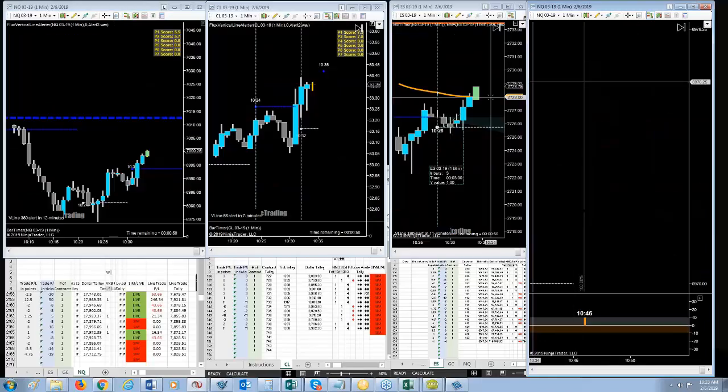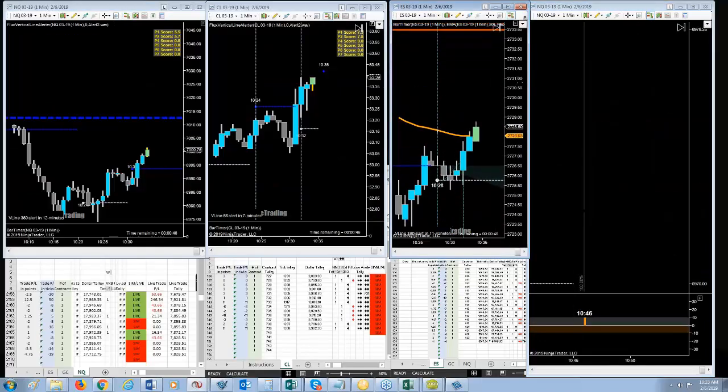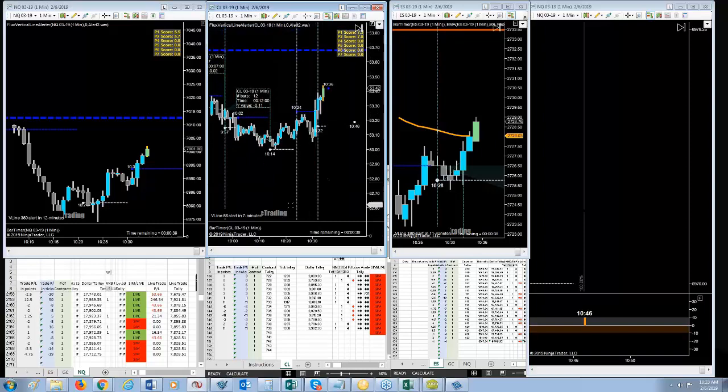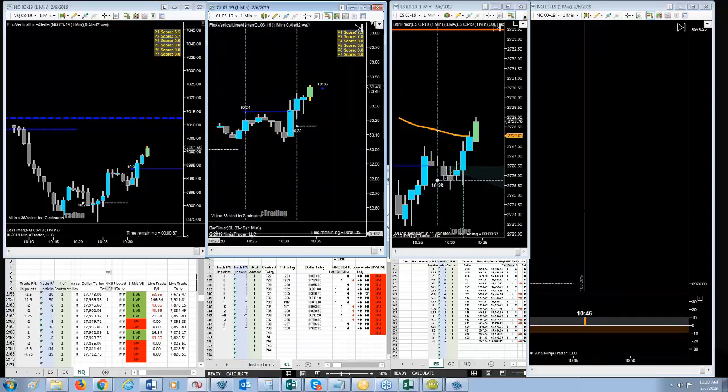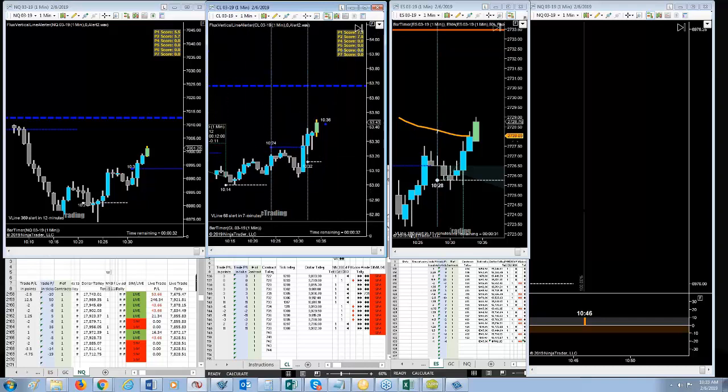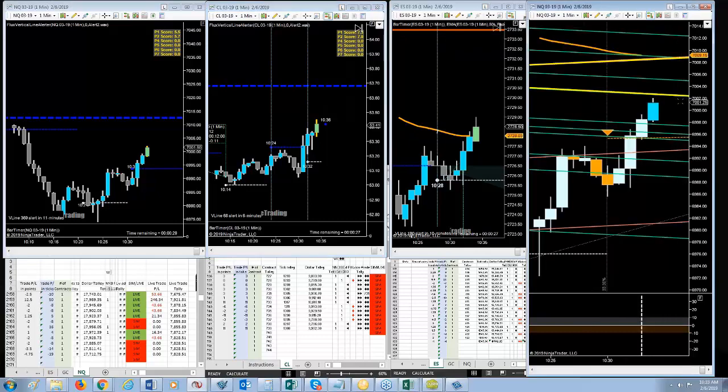On the ES, we're watching for a crossover signal, the second of the setups that I teach. If it crosses over and closes over the moving average in 30 seconds, that will be permission to go long.